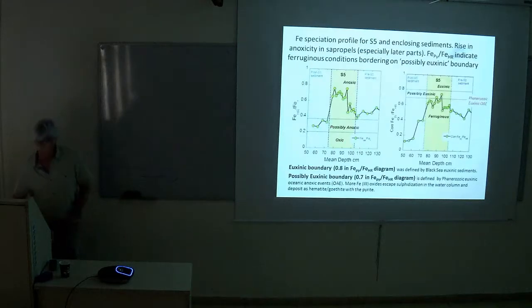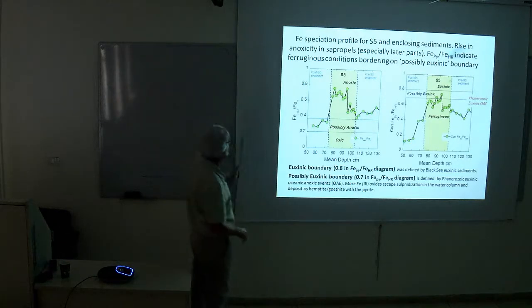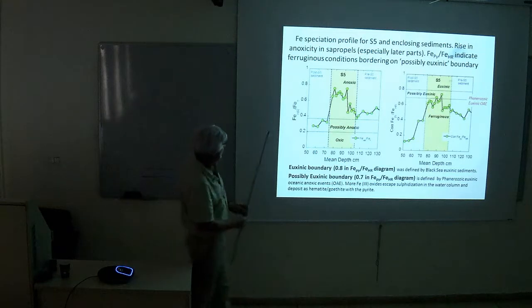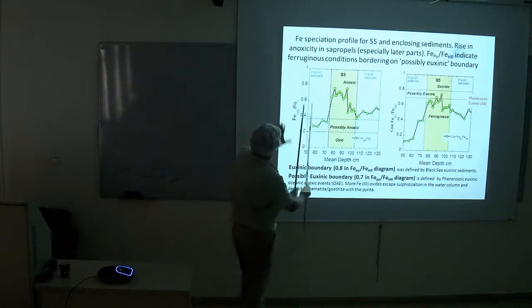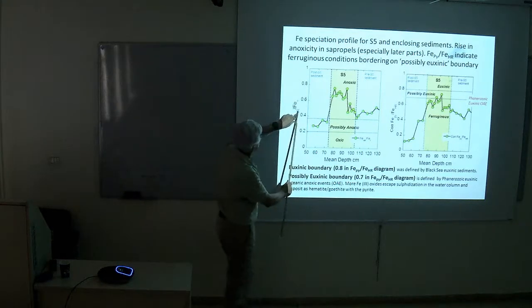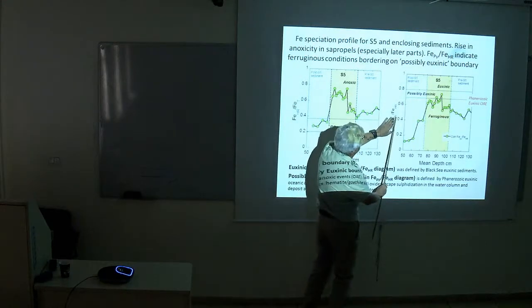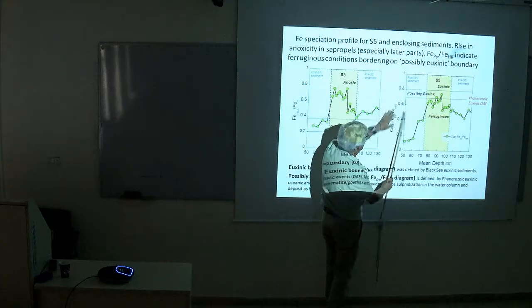shuttle. But let's now look at speciation diagrams, because this is where the story starts becoming interesting. Now, there are two diagrams. One is the highly reactive iron over the total iron, and the other one is the pyrite iron over the highly reactive.